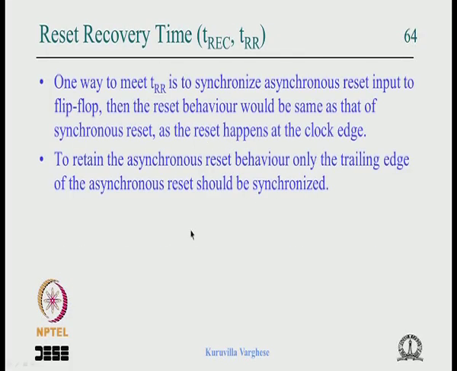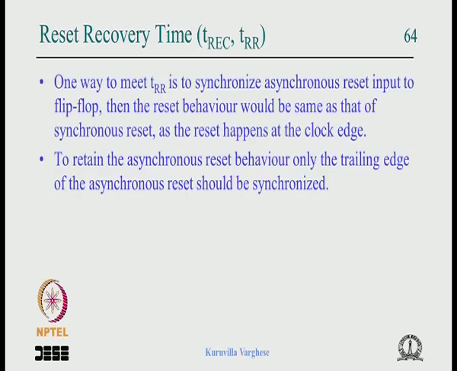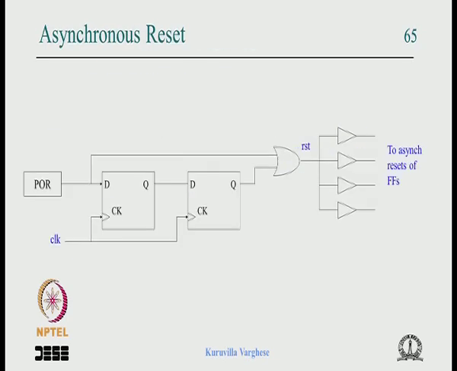So that is what I have written here: to retain the asynchronous reset behavior, only the trailing edge of the asynchronous reset should be synchronized. So I am showing straight away a possible solution.